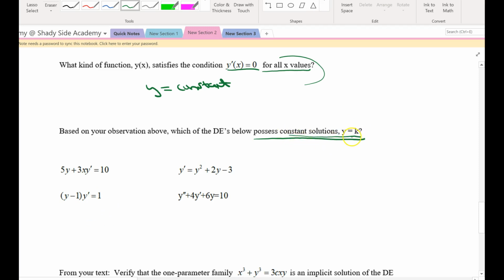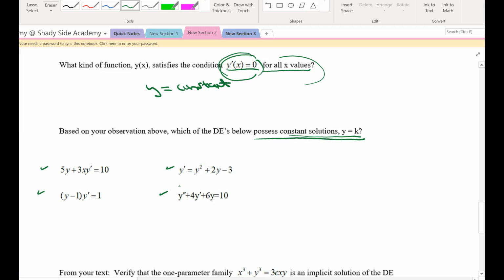If y equals k is a constant solution to any of these differential equations, remember, what it means is that if y prime equals 0, which it would if y equals a constant, y prime equaling 0 should not turn any of these diffie-q's into any kind of apparent contradiction.